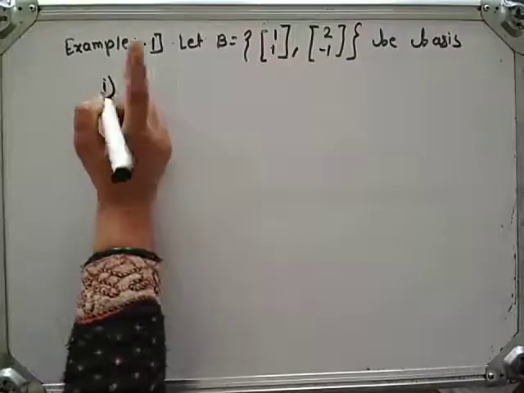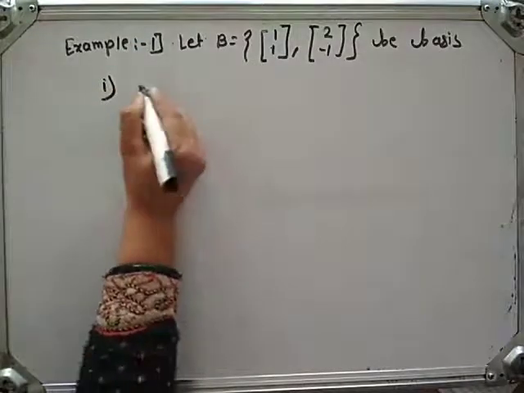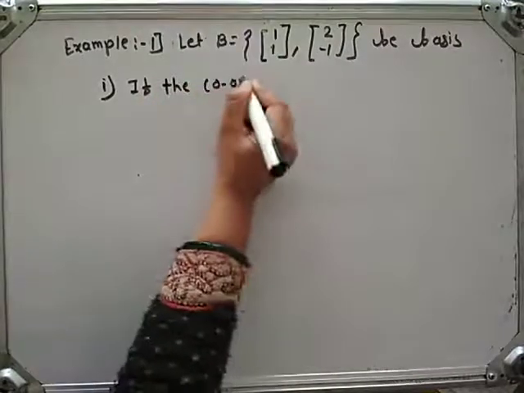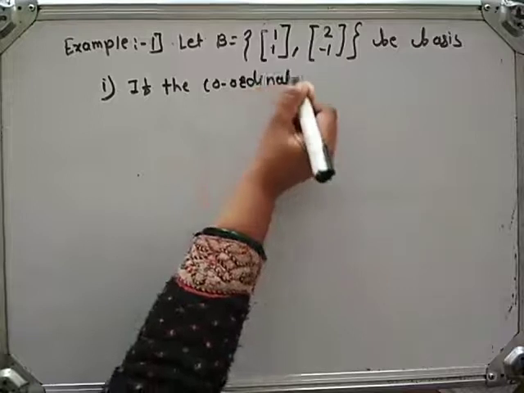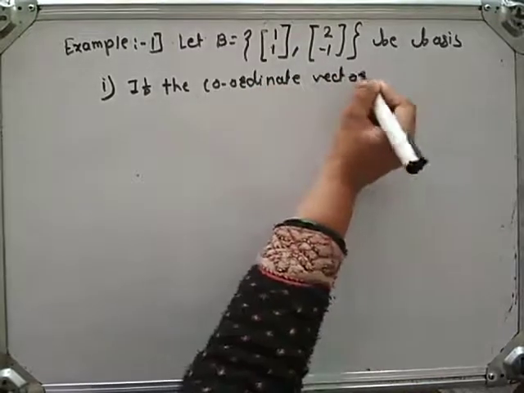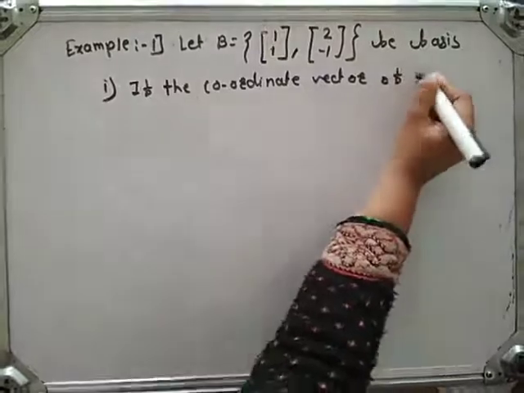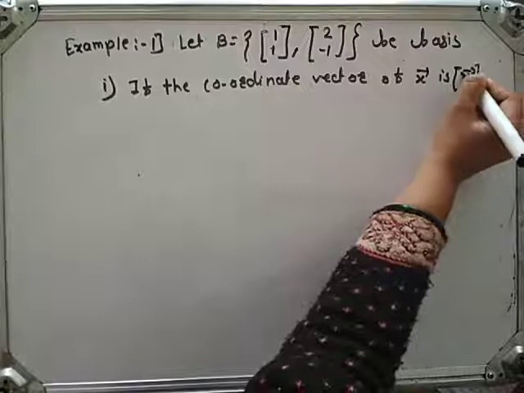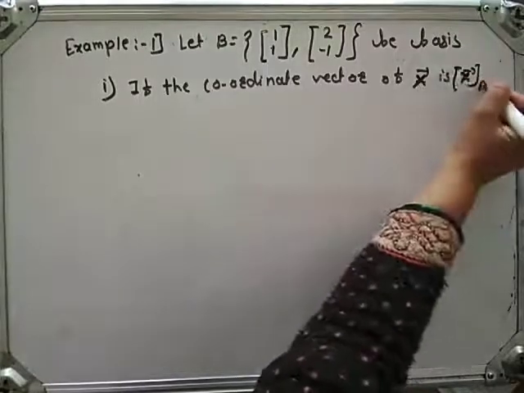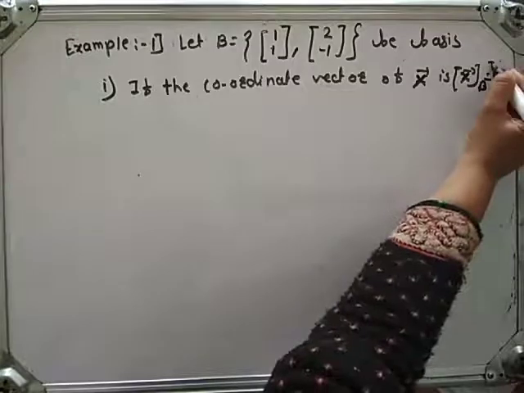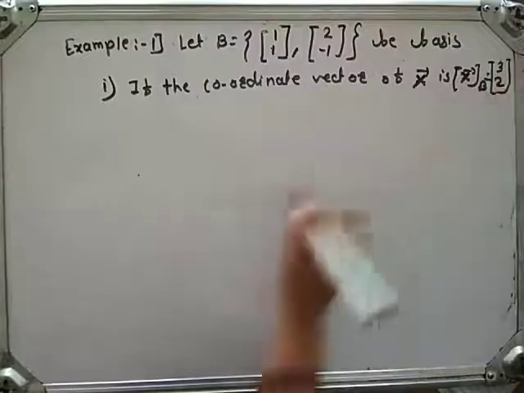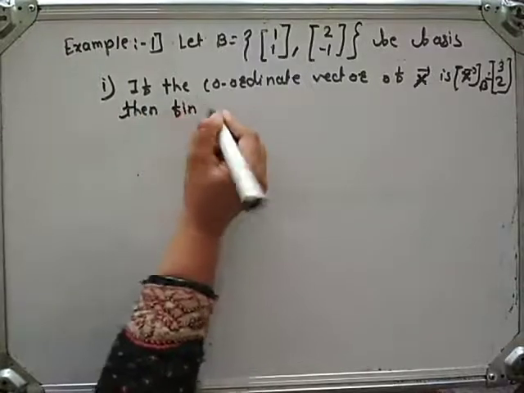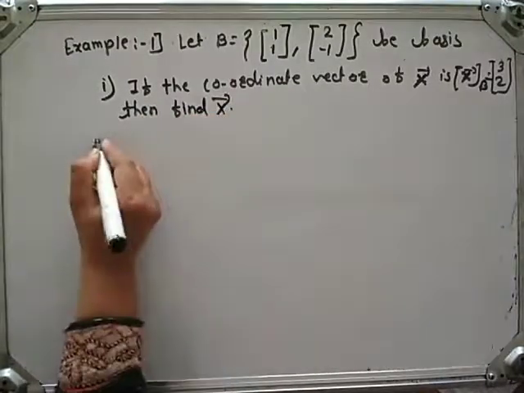In this, the first part is, if the coordinate vector of x bar relative to the basis B is (3, 2), then find x bar.